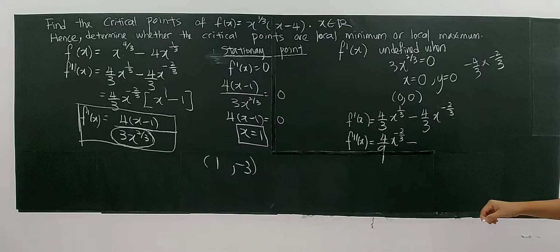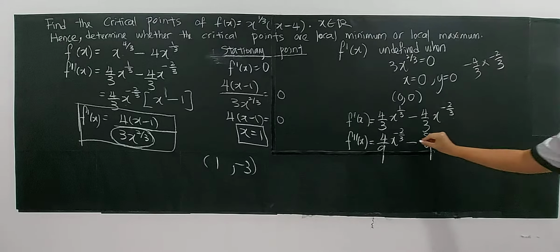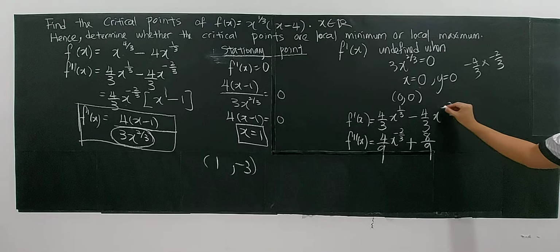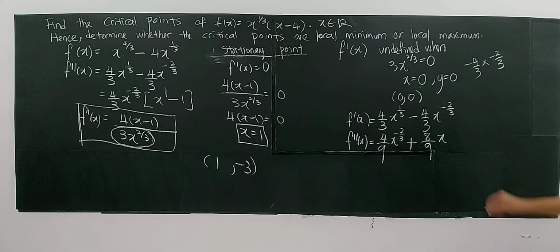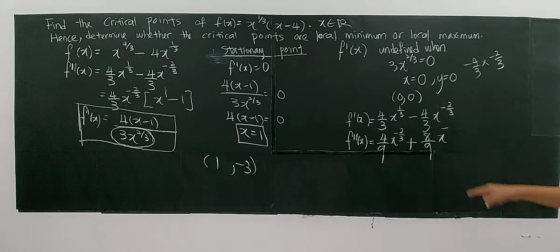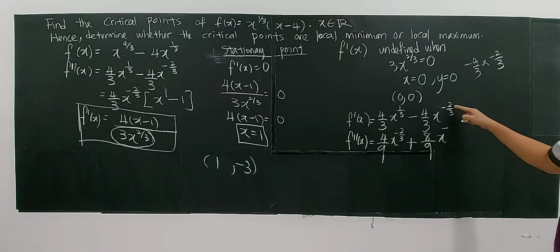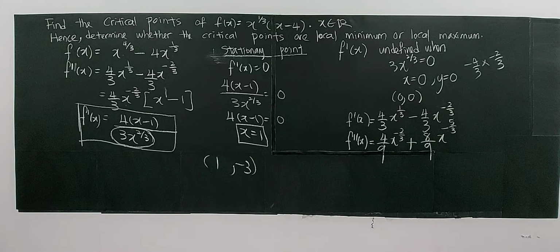You have 8 over 9, which turns positive, positive 8 over 9. And x to the power of negative 2 over 3, you minus 1 again, so you get x to the power of negative 5 over 3.